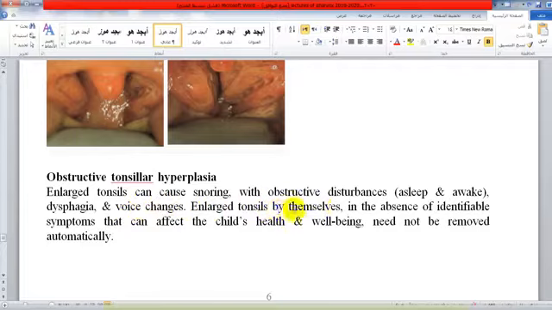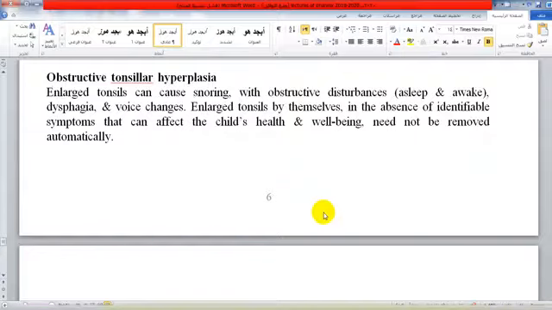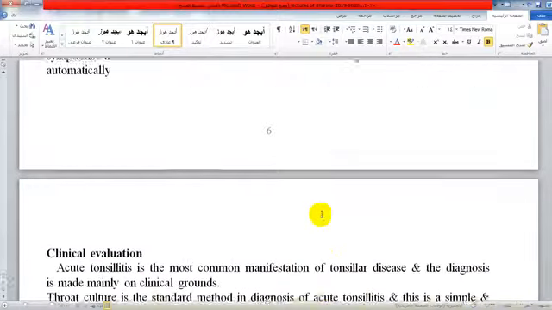Large tonsils by themselves, in the absence of identifiable symptoms that can affect the child's health and well-being, need not be removed automatically. If there are no symptoms, no signs, but the tonsils are large, there is no need to remove the tonsils.